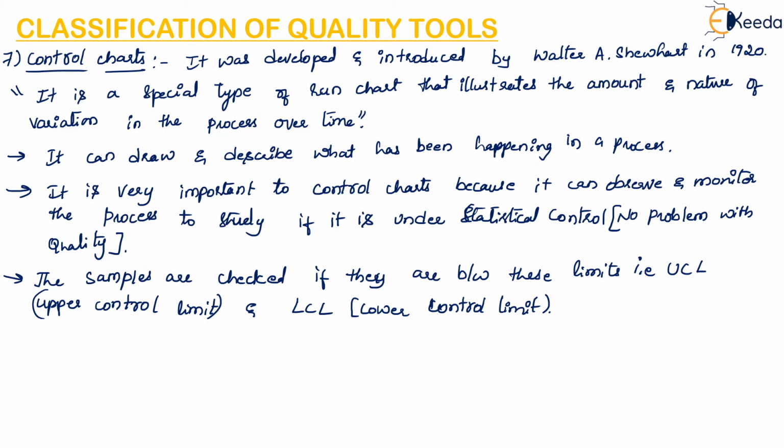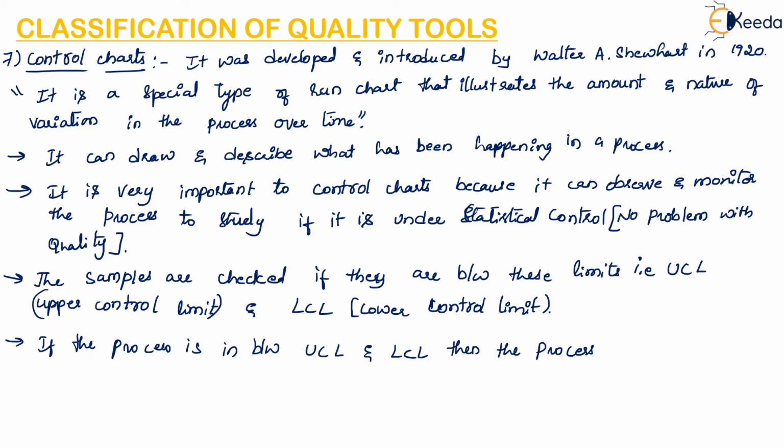If the process is between UCL and LCL, then the process is said to be in statistical control. That is, it has no problem with the quality.